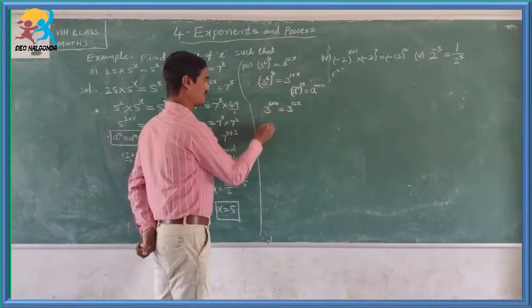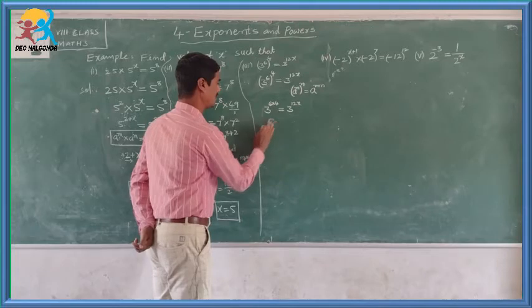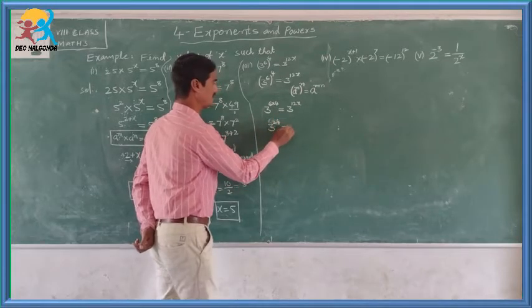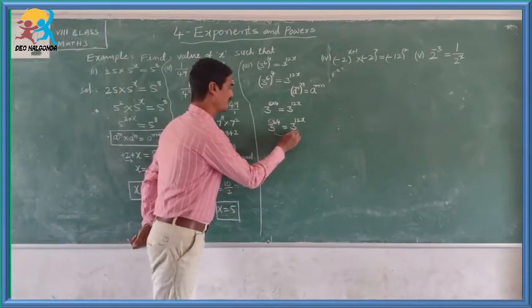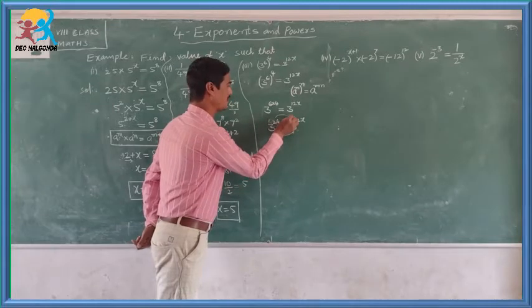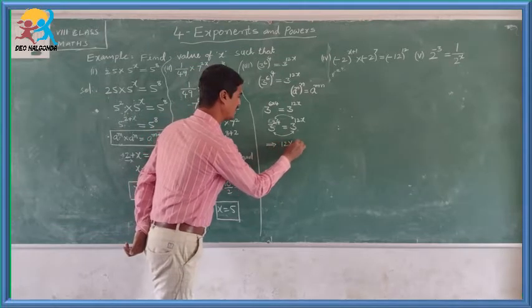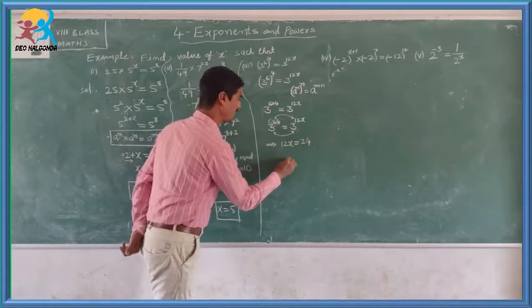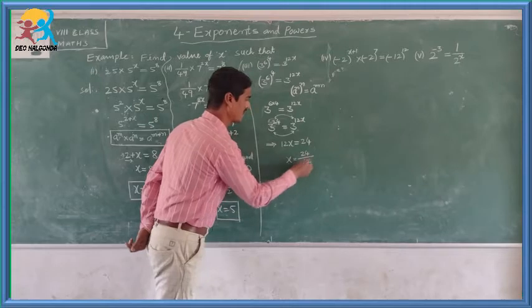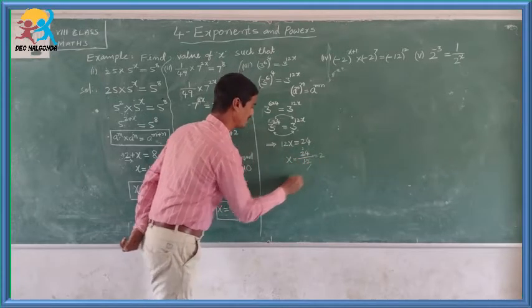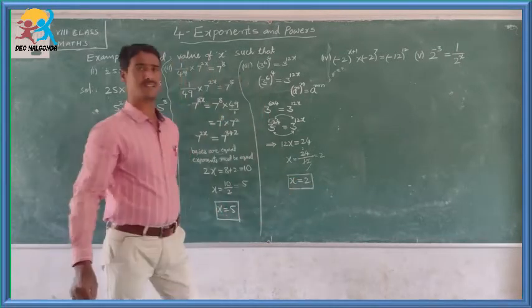And 6 fours are 24. So 3 power 24 is equal to 3 power 12x. If the bases are equal, the exponents should be equal, so we get 12x is equal to 24. So x equal to 24 by 12, which is 2. So x equal to 2. How easy? Yes or no?